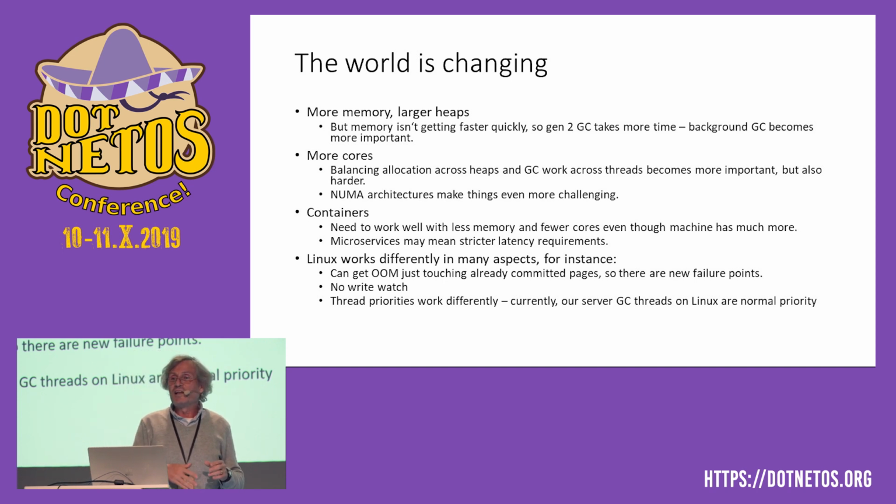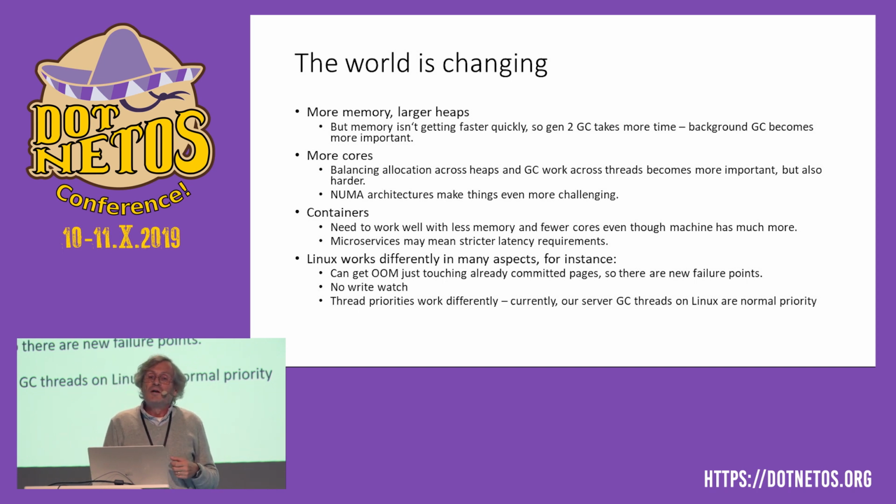I think over the last 10 years or so, we have seen about a factor of 2 every 2 years in memory sizes. And that means that the heap sizes that apps have also become bigger. And that means that Gen 2 collections become slower because the memory speeds are not increasing as quickly.